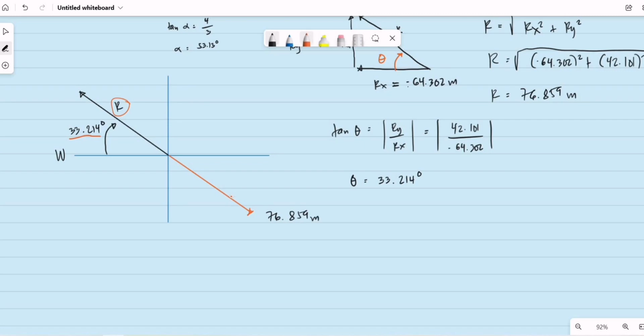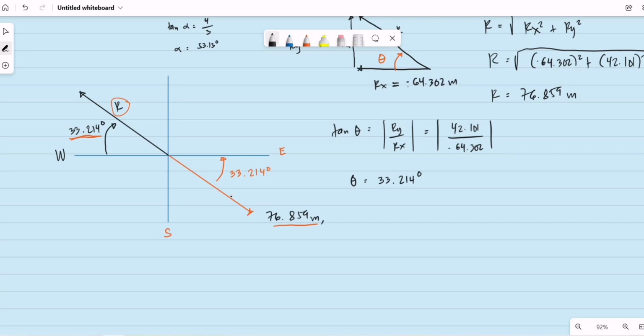When it comes to its direction, if this is 33.214 degrees, this angle is also equal to 33.214 degrees. So this is the east direction, this is the south direction. So our answer will be 76.859 meters.